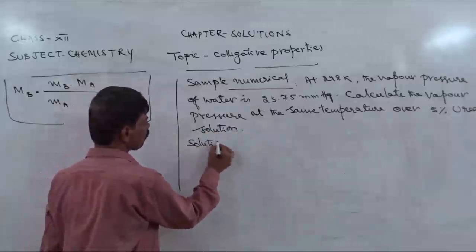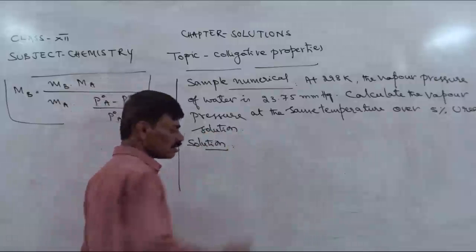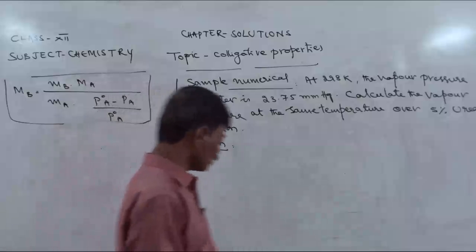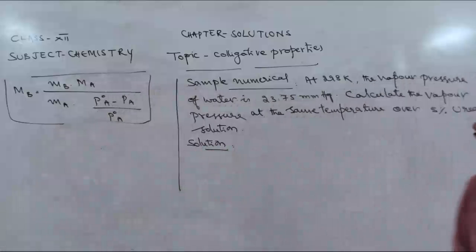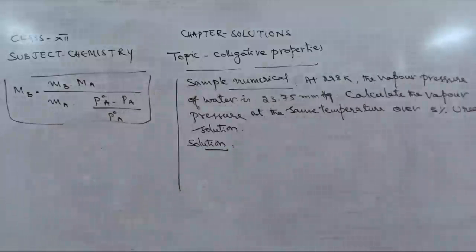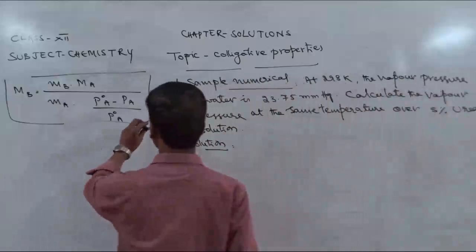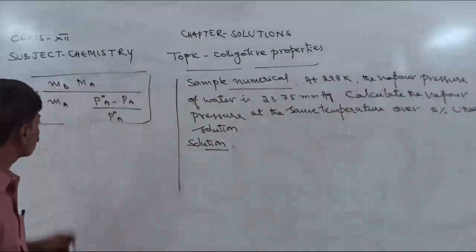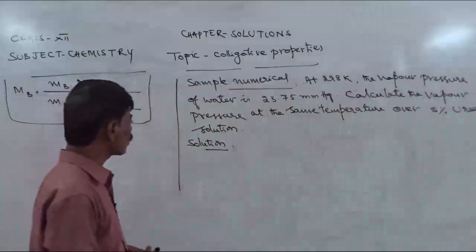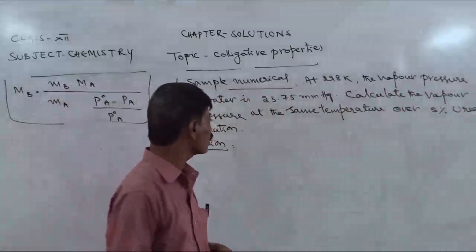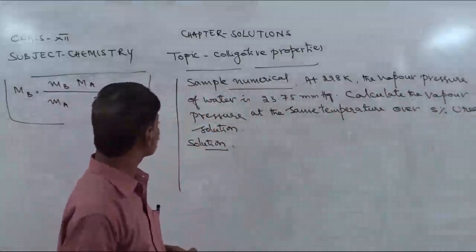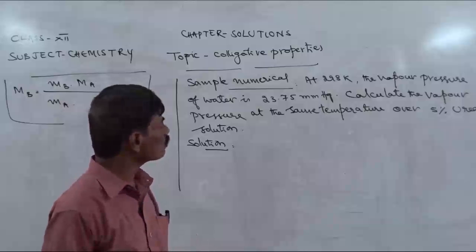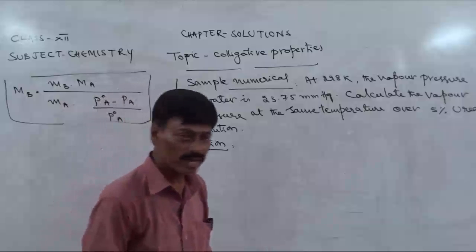Let us see. This numerical is based on the expression that is relative lowering in vapor pressure is equal to chi B, that is mole fraction of the solute. So formula is this only. Sorry, I didn't wipe off the formula. Now let us see the data given. Temperature is 298 Kelvin and we are not going to use this temperature anywhere in the numerical.